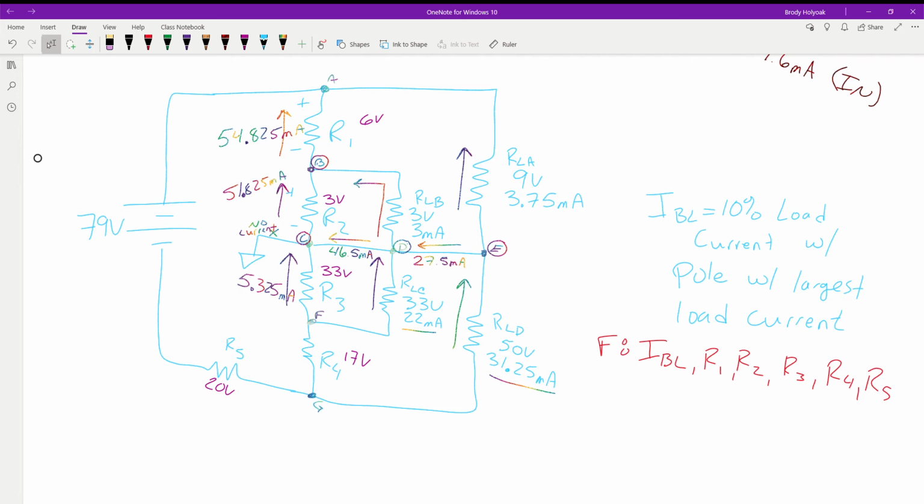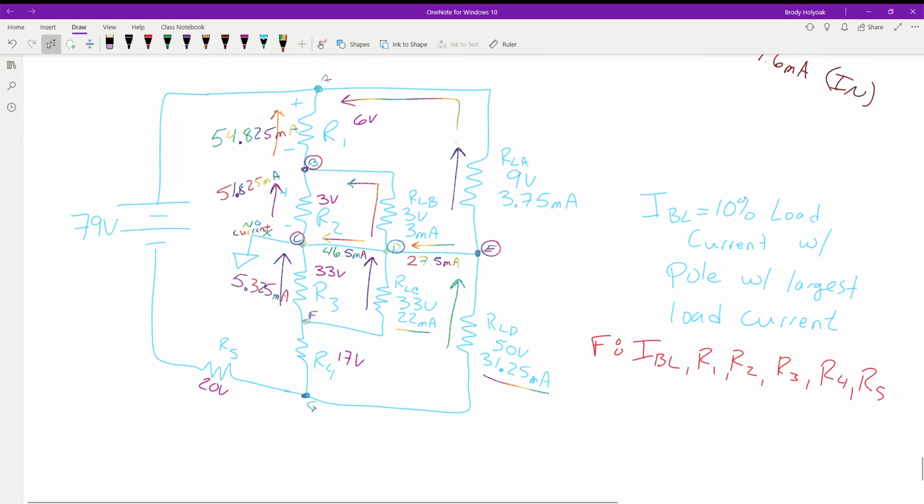So we've got node A, node F. Okay. What is that current also?